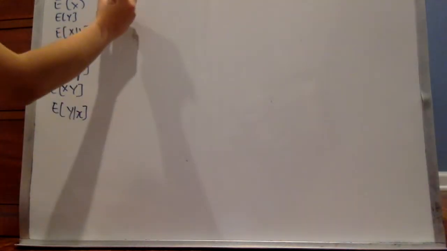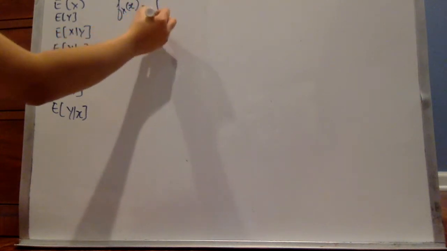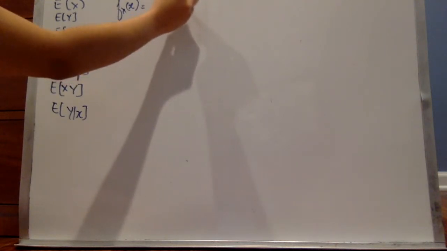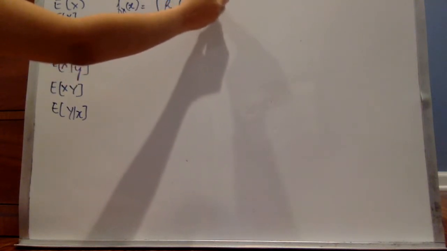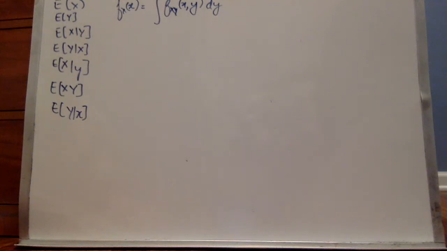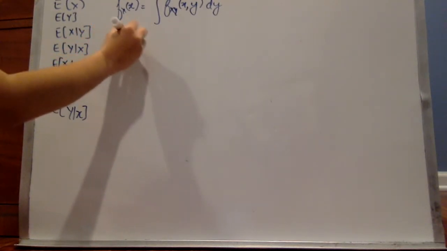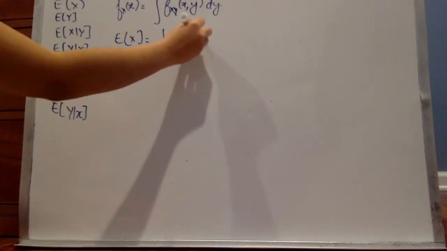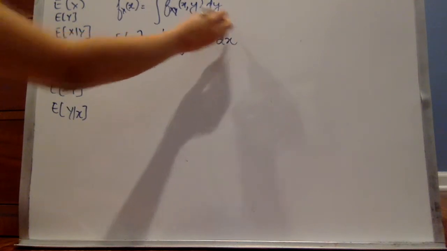Now in order to find out the expectation of x, we need to find f_X(x), which we will find using the integral of f_XY(x, y) dy over the limits of y, and then expectation of x becomes the integral of x f_X(x) dx.